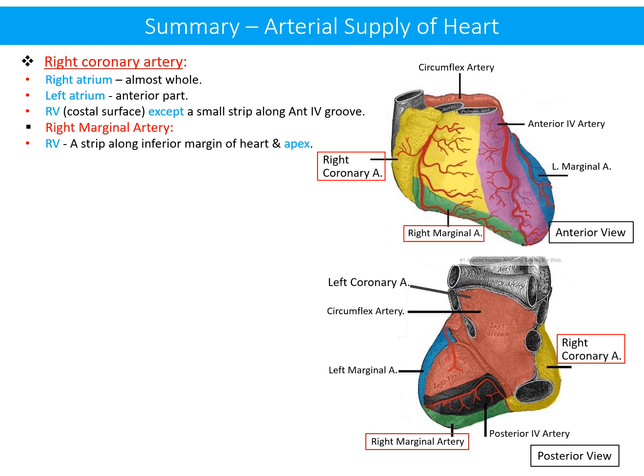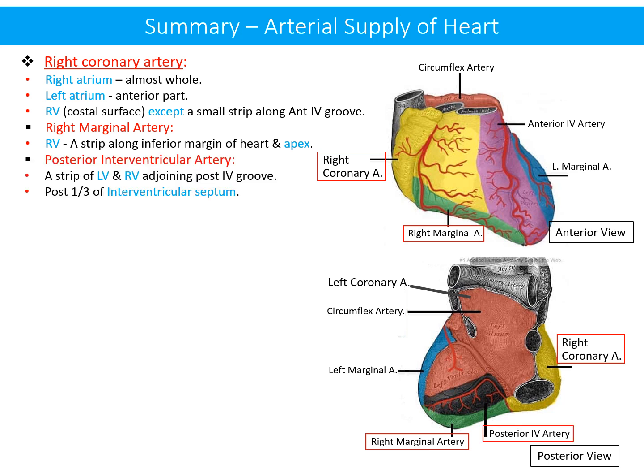The right marginal artery of the right coronary supplies the right ventricle along a strip which follows the inferior margin of the heart, including the apex.